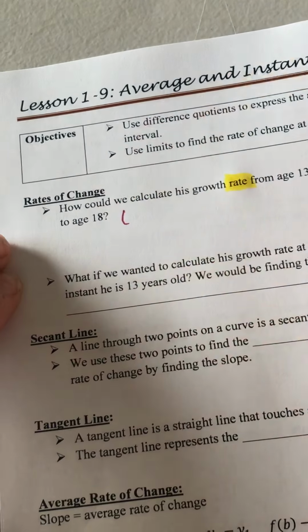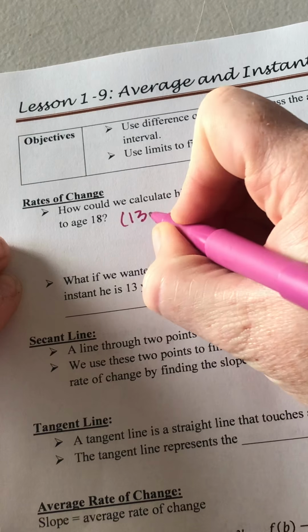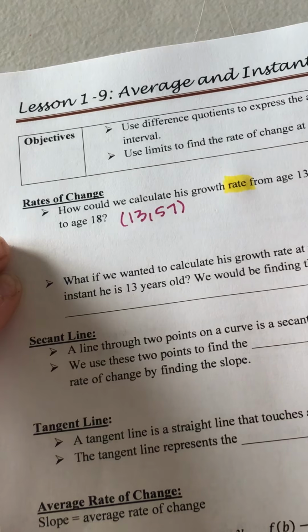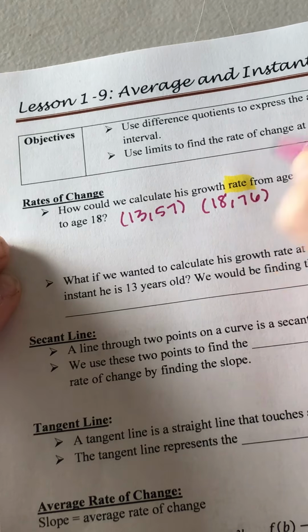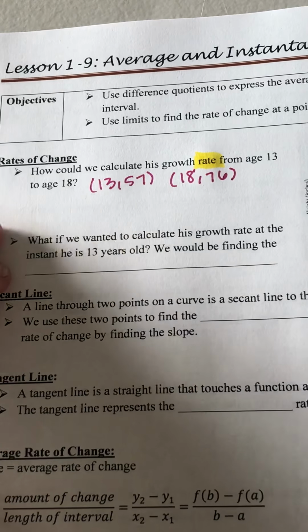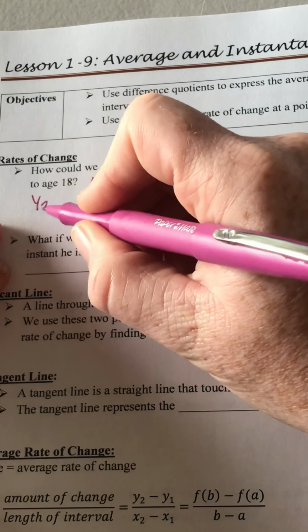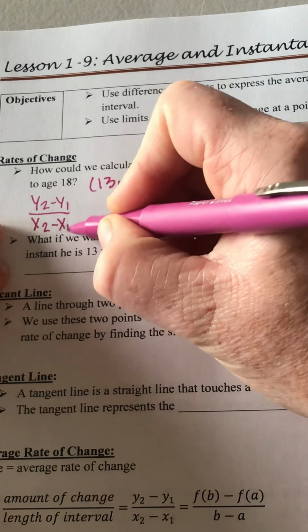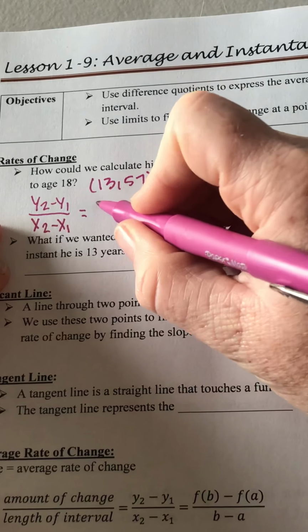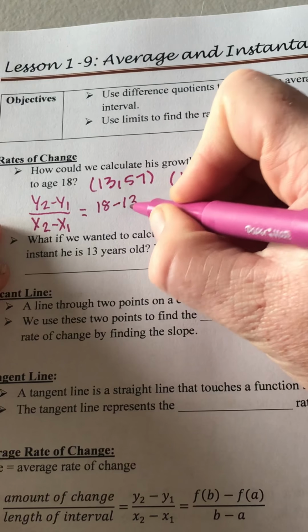So if you take your 2 points, (13, 57) and (18, 76), okay, from the graph, and then we find the slope. Well, you're doing subtract the y's over subtract the x's, okay? And that would give me 76 minus 57 all over 18 minus 13.